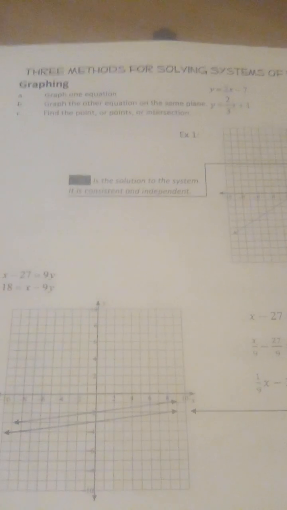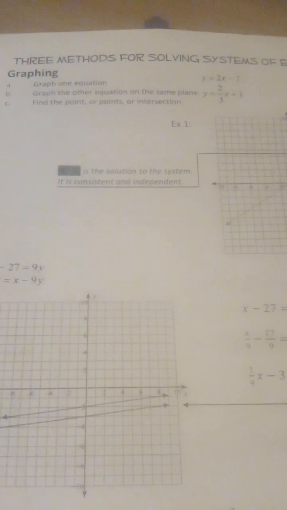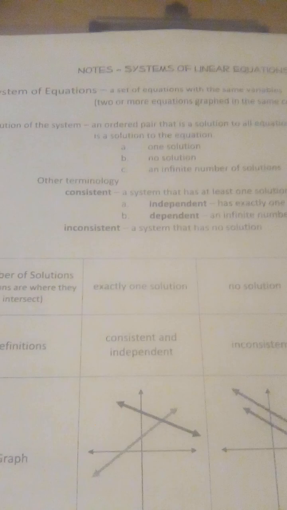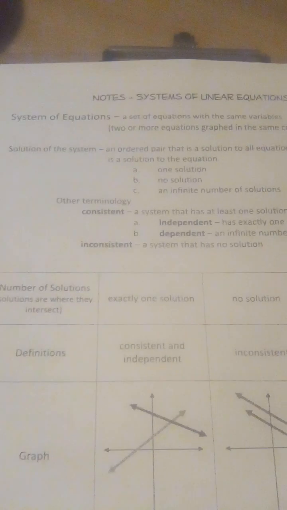The first page contains the 3 methods for solving systems of equations, like the graphing section. And the second part of that first page I just showed you is notes on systems of linear equations, like how you identify them by terminology like consistent and inconsistent.